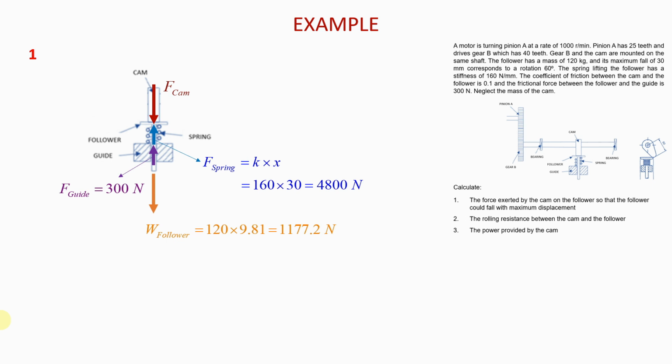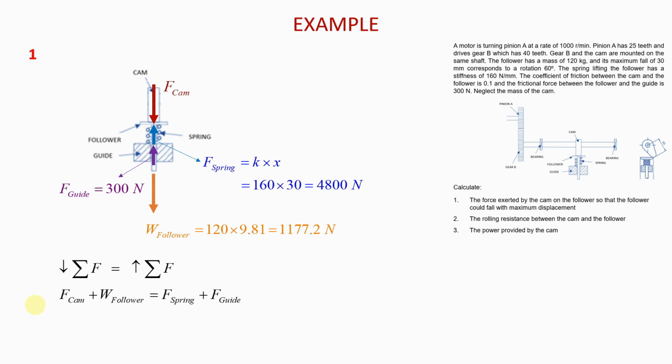So that is the friction force between the follower and the guide. Now, if you do this, you have all the forces in the system that you need to be able to find the force that is exerted by the cam, okay? And so to do that, you will just remember equilibrium equations where we say that the forces pointing down must match the forces pointing up. In this case, the forces pointing down are the force from the cam and the weight of the follower.